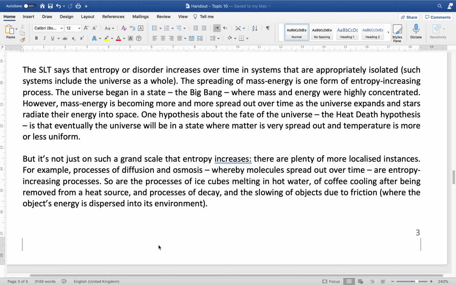So the Big Bang, or at least shortly after the Big Bang, mass and energy were highly concentrated.